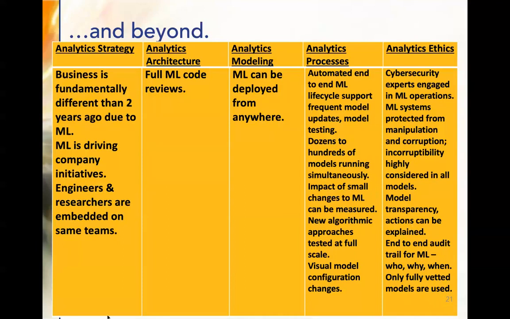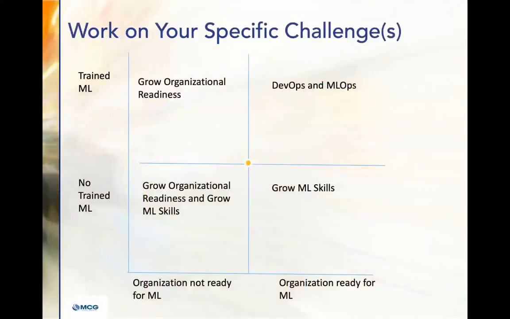And you'll have to decide when you're ready to move, but work on your specific challenge. Hopefully I've given you some specific challenges here today that you need to work on as an organization. Now, in my quadrant here, I have your skills in-house and your readiness in-house, okay?